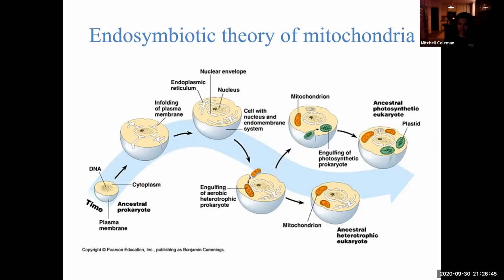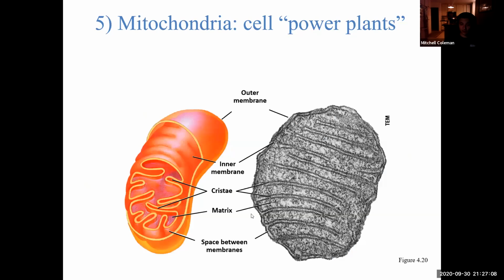The reason why is that mitochondria and even chloroplasts, which we'll talk about shortly for plants, actually have their own genetic information. They don't have nuclei, but they have DNA and RNA. They have ribosomes that manufacture their own proteins. And so they're kind of cells within cells, okay?